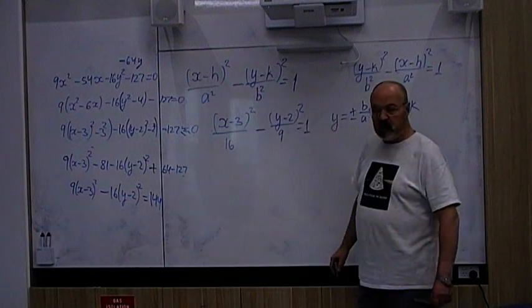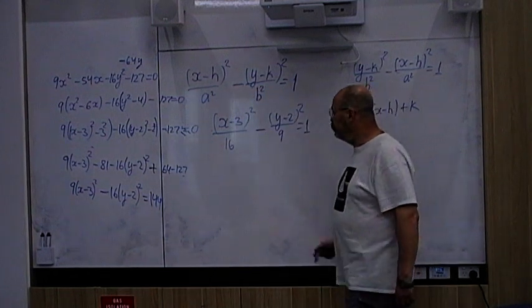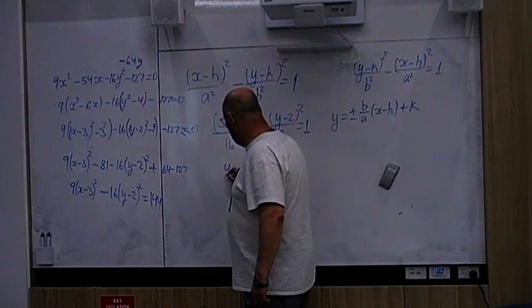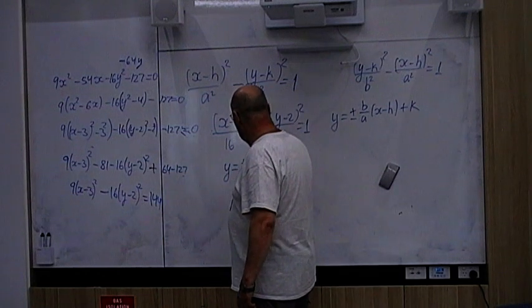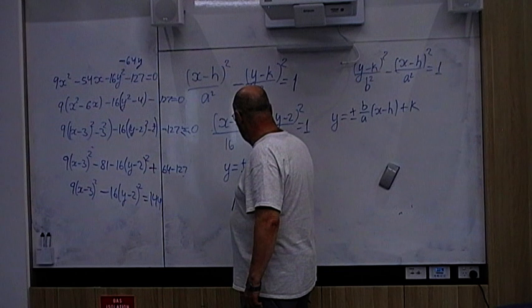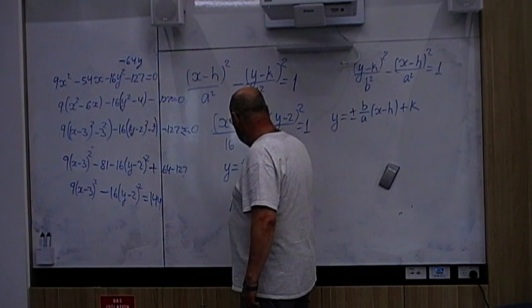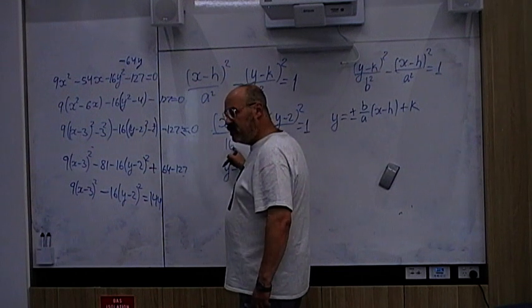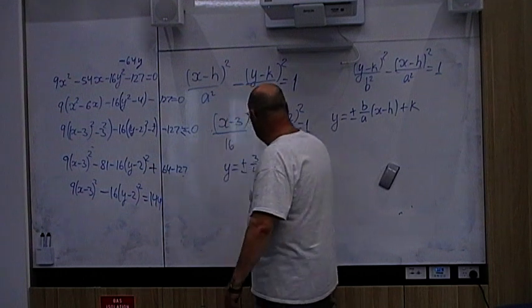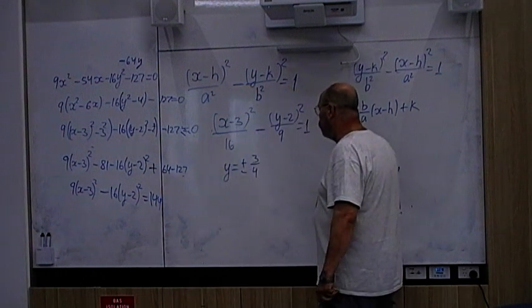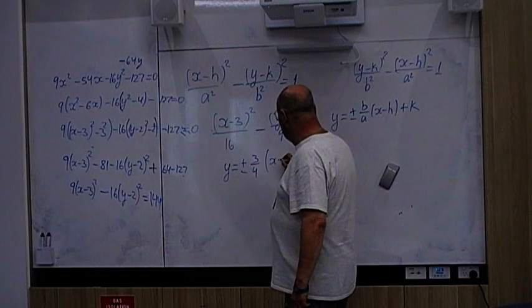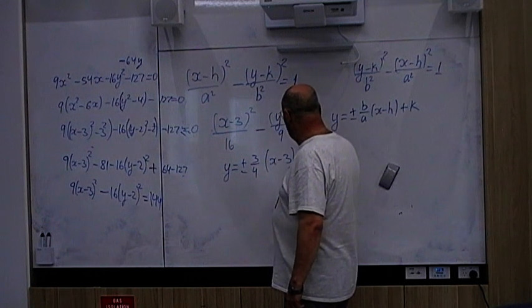What are the equations of the asymptotes? y equals plus minus b on a times (x minus h) plus k. We have 3 quarters, a squared is 16, b squared is 9, so plus minus 3 quarters (x minus 3) plus 2.